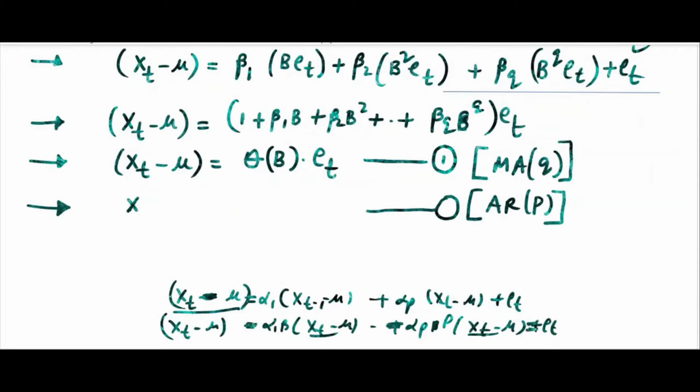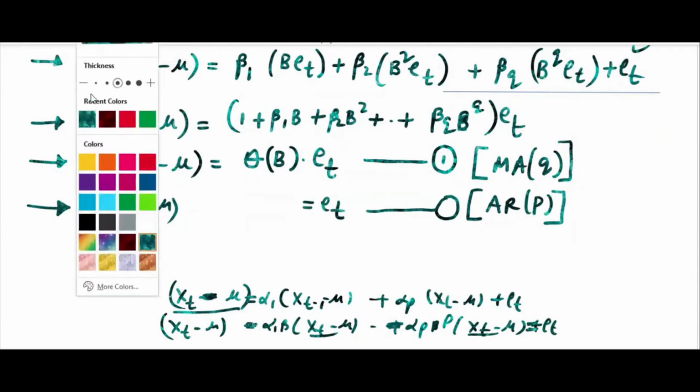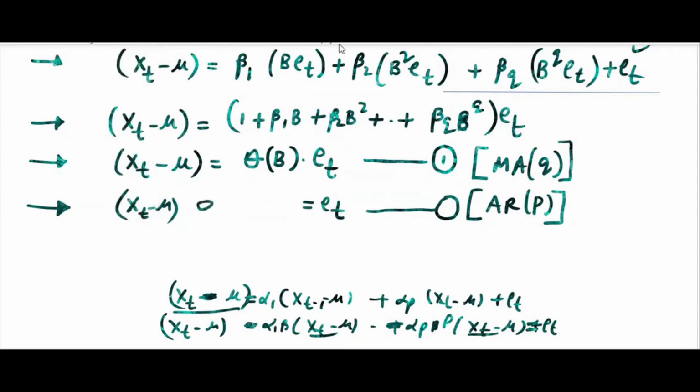That way you get 1 minus alpha 1 B minus alpha 2 B square minus alpha p Bp, times Xt minus mu, equal to et. So we'll replace this by another function, phi(B), a function of B. Right hand side you see et. So this is the representation for the AR(p) process.